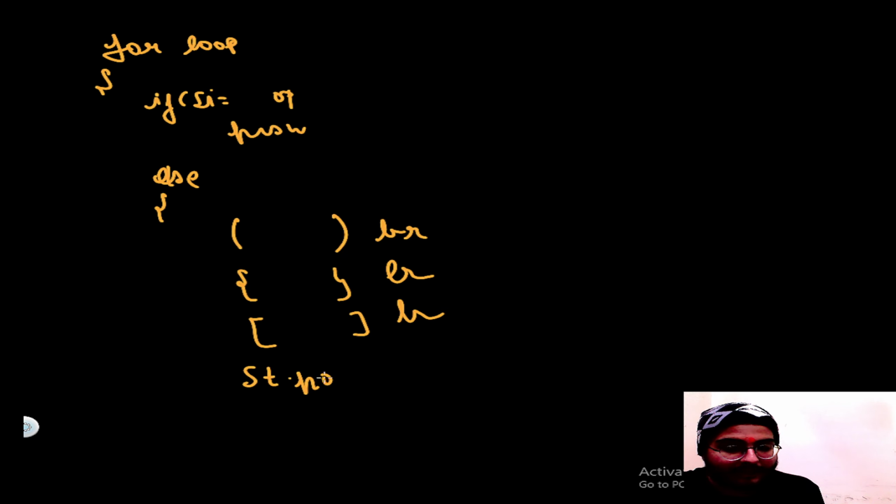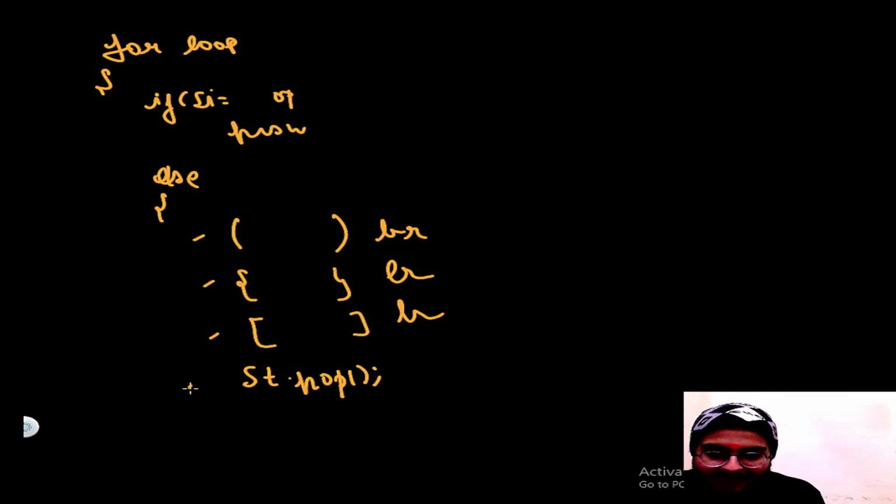If it doesn't match, then I break the loop. And here I simply say st.pop. Why st.pop? Because if none of the conditions are met, it would not break the loop, it will come down, and when it comes down, you should pop that item.